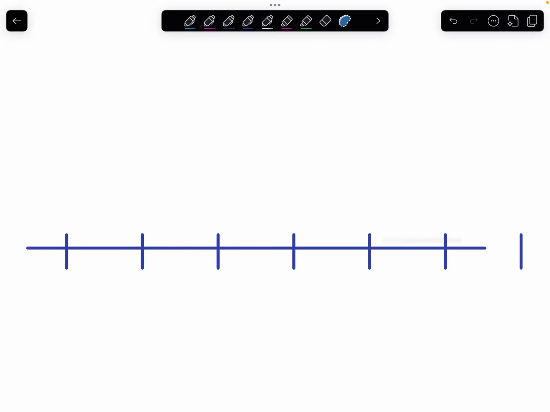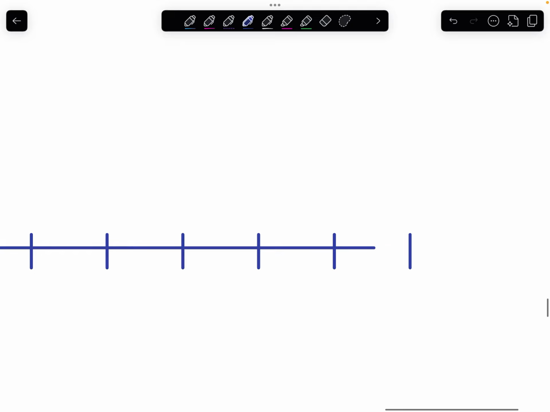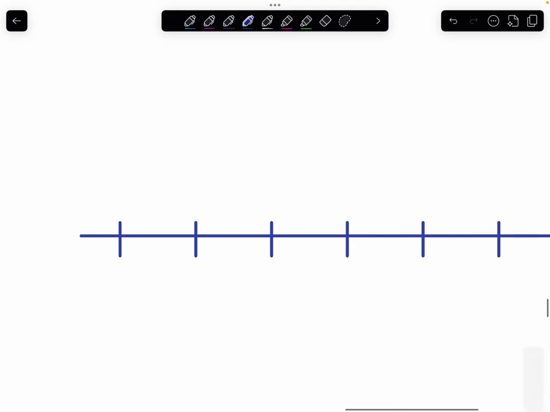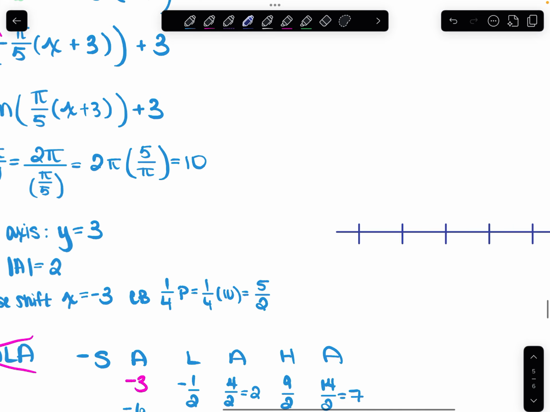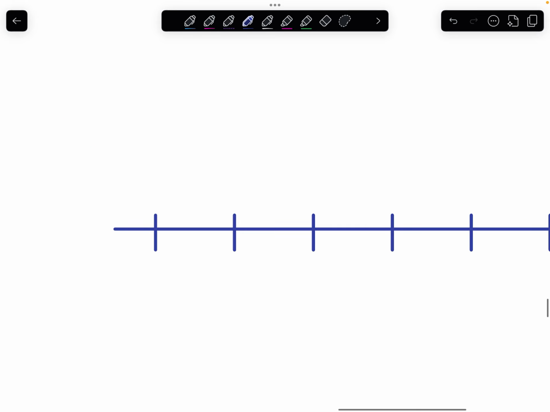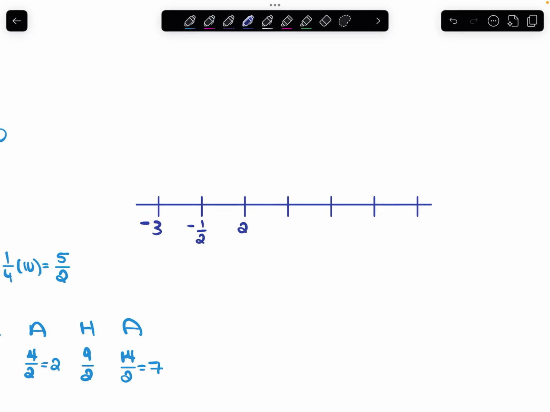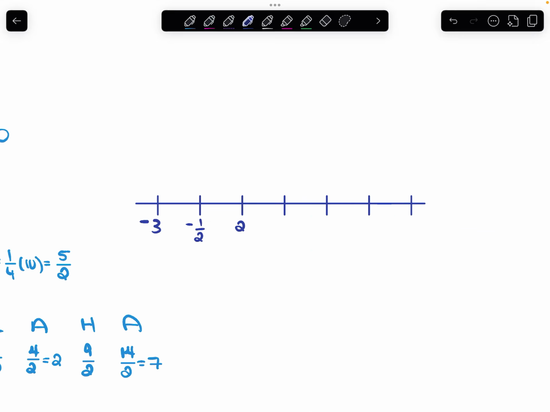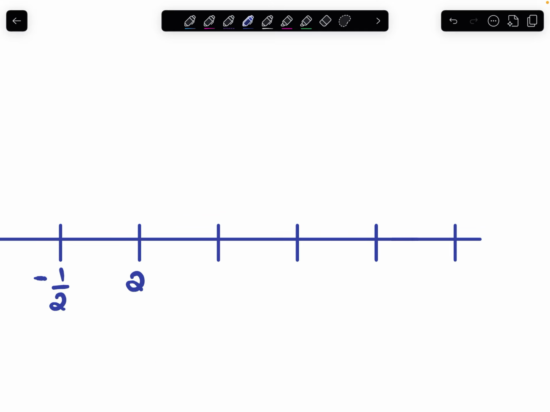All right, so since we don't actually hit 0 before I draw my y-axis in, I'm going to label my critical values so I know where to put it. So let's see: -3, -1/2, 2, 9/2, 7.